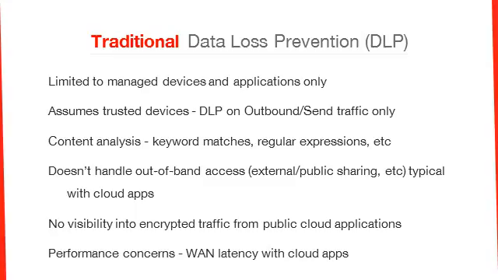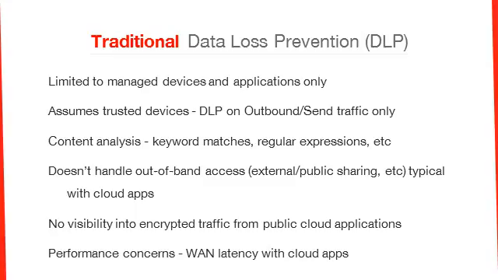For a lot of the customers that we deal with, the one-two punch of DLP challenges when they move to the cloud are a lot of what I've talked about already: unmanaged device access and external file sharing. And just some others as well. The ability to decrypt traffic coming to and from public cloud applications. Even if some of your solutions can do that, they'll typically do so at very low performance.